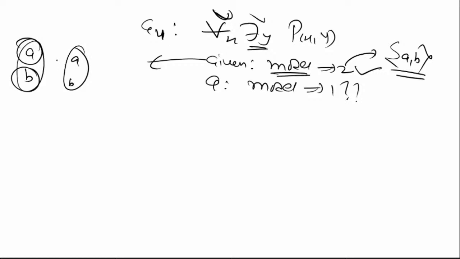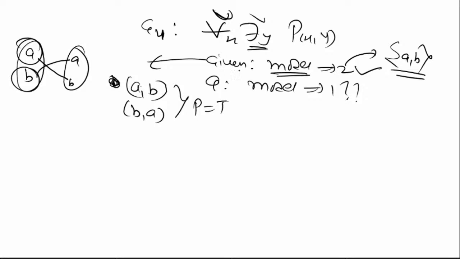Consider this scenario: for this A, let's assume you have B, and for this B you have A. For these 2 pairs, P is true.